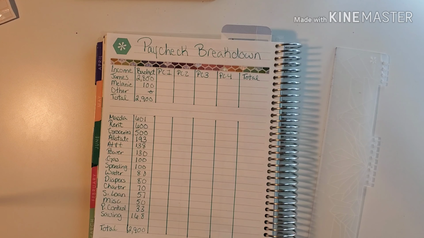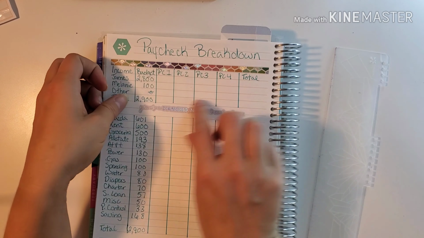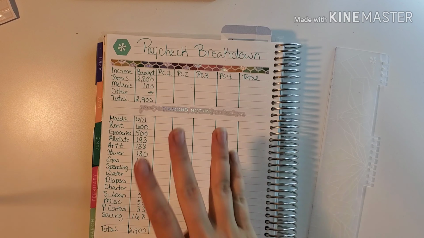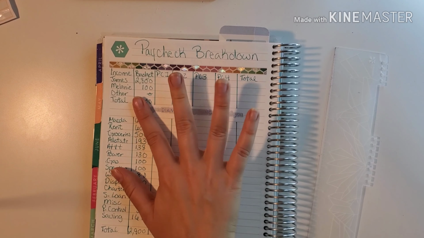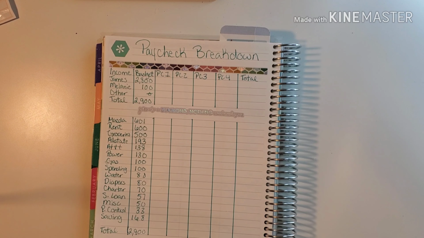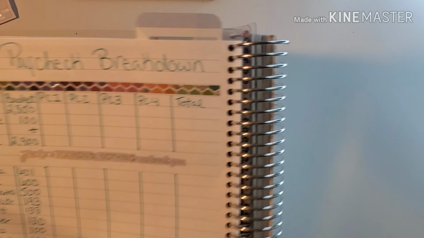It says, "You are a diamond, nothing can break you." And I'm just gonna lay that in between here. A nice inspirational little quote there on my paycheck breakdown, because I look at this every week. So that will inspire me to keep going on and shining and not get broken by how our budget is turning out. So that is all that we are doing in this video.